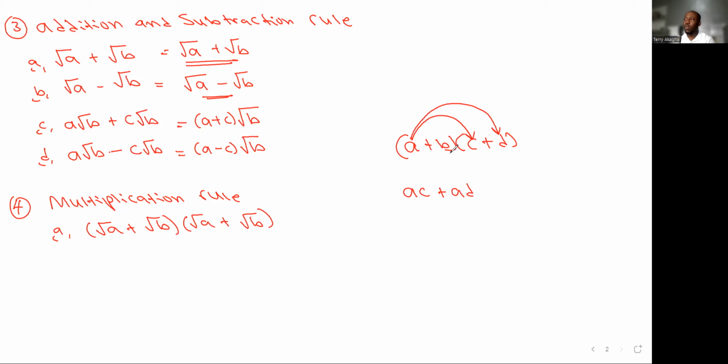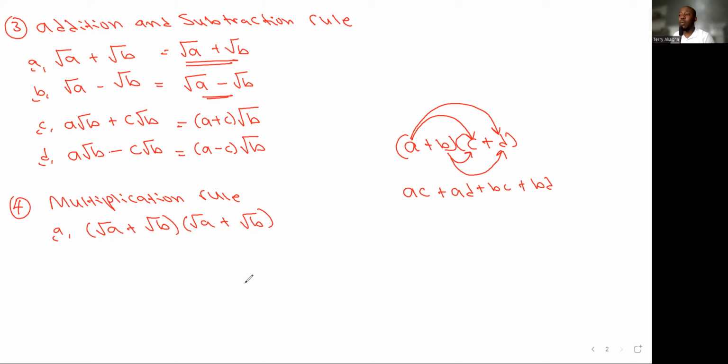And I also told you that B times C will give you BC, and B times D will give you BD. So basically, you use the elements in the first bracket to multiply the elements in the second bracket. The same thing exactly is what you're going to do here as well.